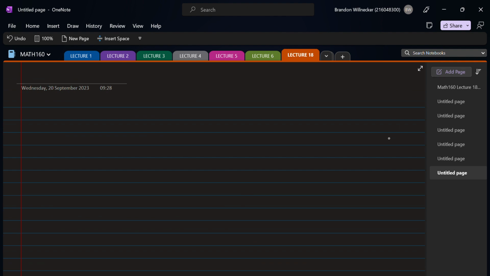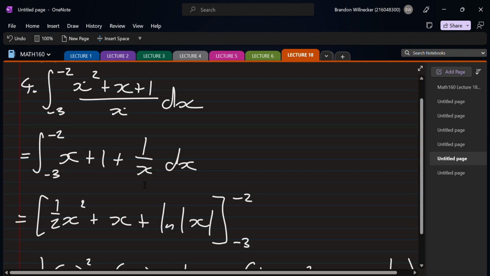Okay, number 5. So we have the integral from 2 to 3, 1 over x minus 1 dx. Sorry, x squared.